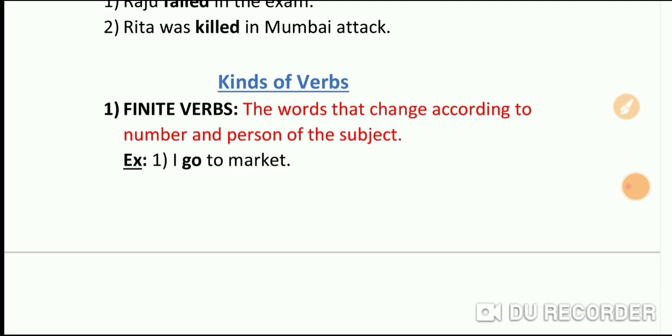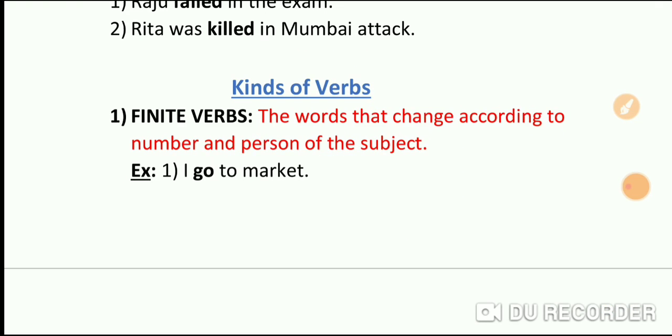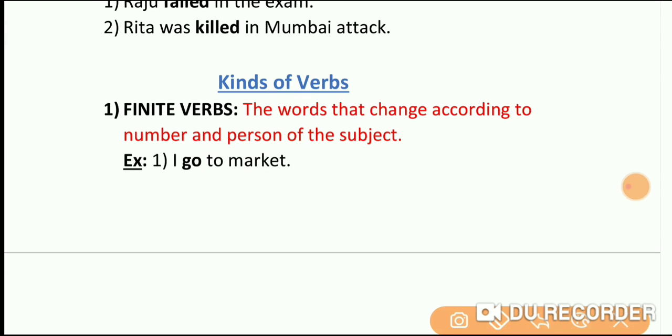But in these finite verbs, there are subkinds. Finite verbs means what? The words that change according to the number and person of the subject.